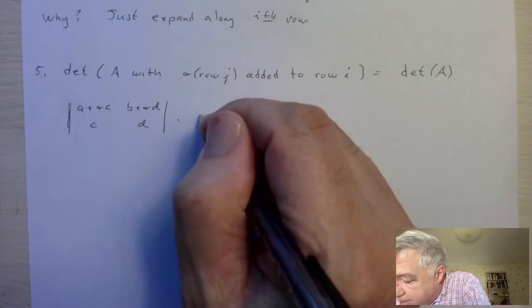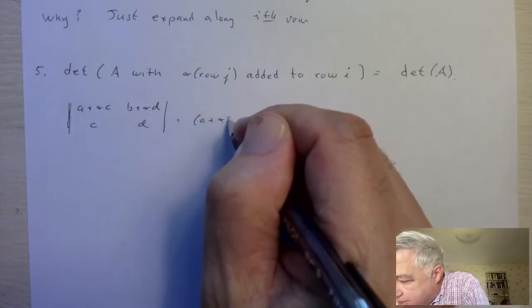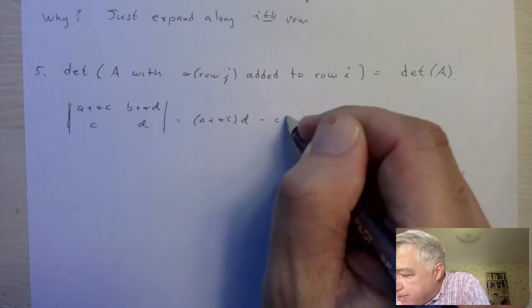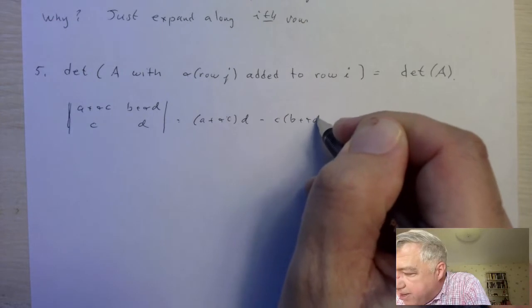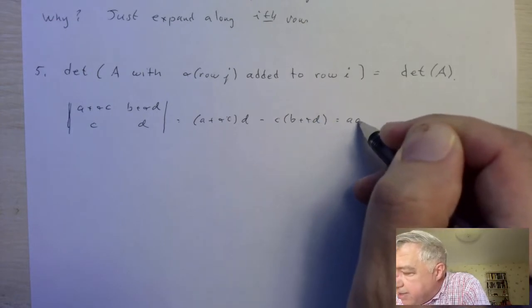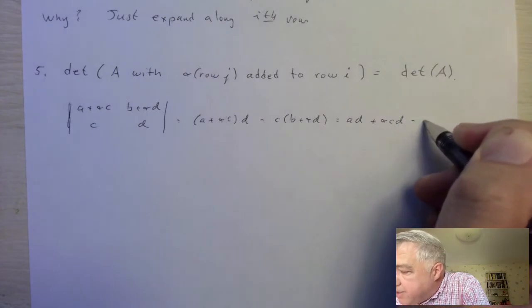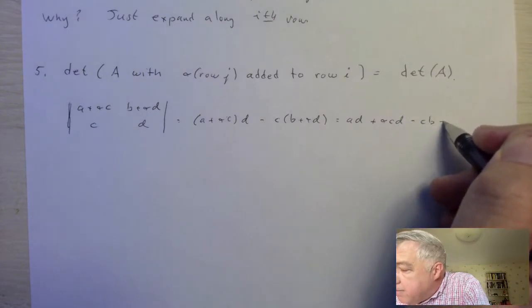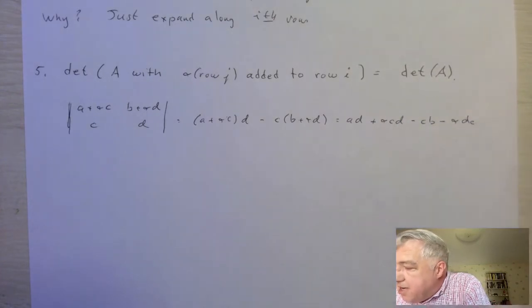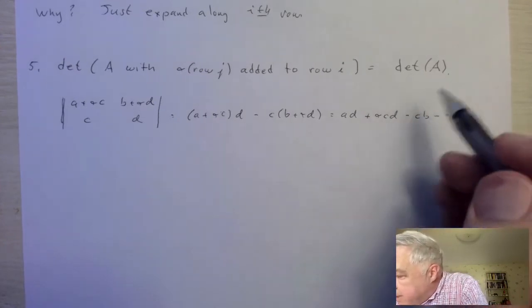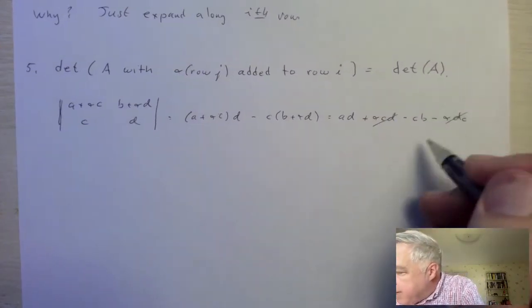This is A plus alpha C times D minus C times B plus alpha D, which is AD plus alpha CD minus CB minus alpha DC, and these will cancel.